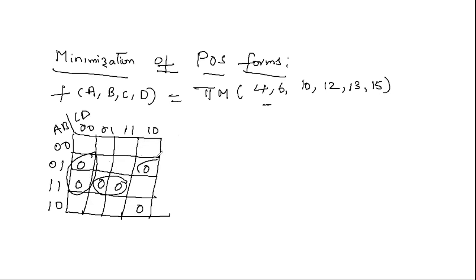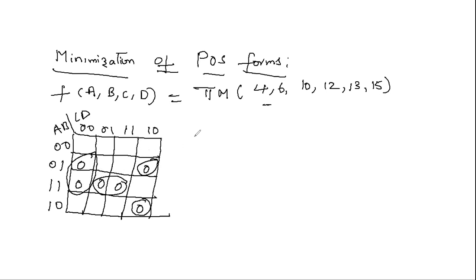This is not linked with any other zeros, and this is also not linked with any other zeros. Otherwise, if you group this zero, you will get extra groupings. So you have to group in this way.